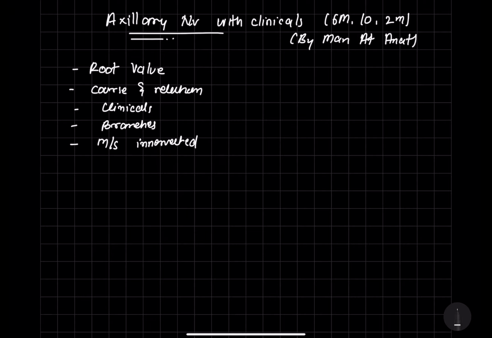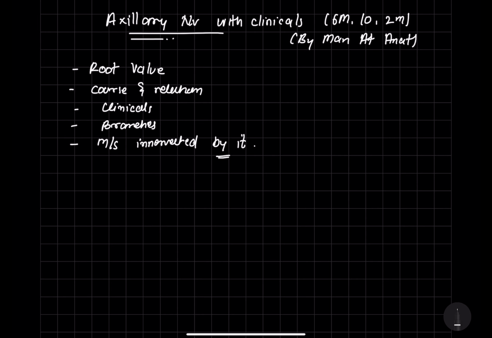These are the things generally asked in nerves. This is the pattern with all nerves, whether the axillary nerve, median nerve, radial nerve, or ulnar nerve. Any nerve you ask about, the pattern is going to be like this only.